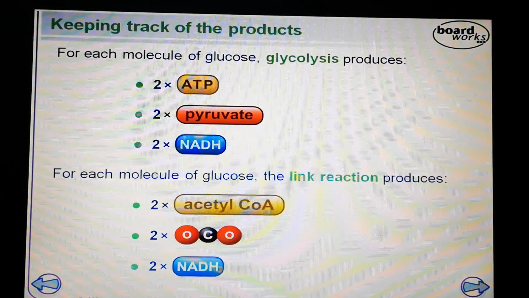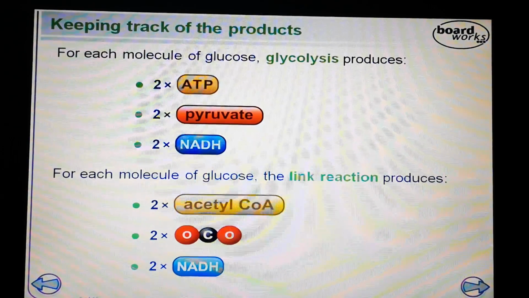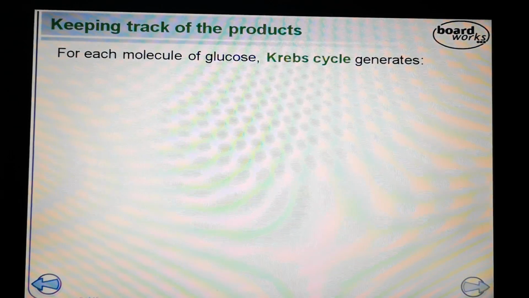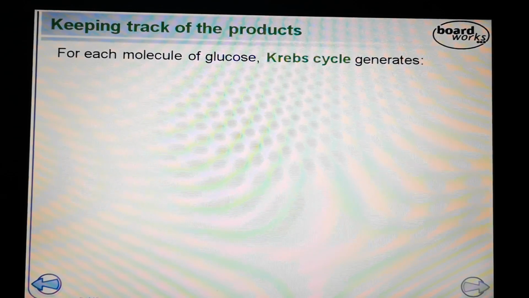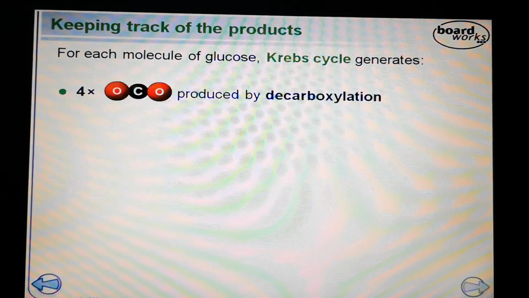So if you're looking back at stage 2 and thinking, but I can only see 1 acetyl coenzyme here in the link reaction, remember it happens twice because there's 2 pyruvate being formed as a result of glycolysis. Then we go to the Krebs cycle. So again, remember that there's going to be 2 Krebs cycles going on simultaneously for one molecule of glucose.